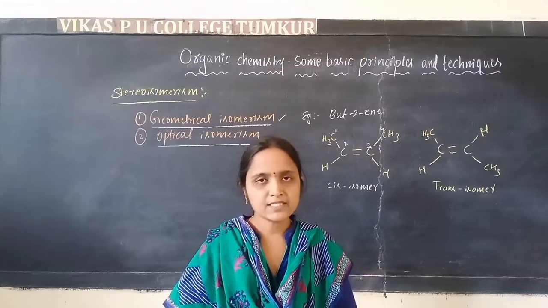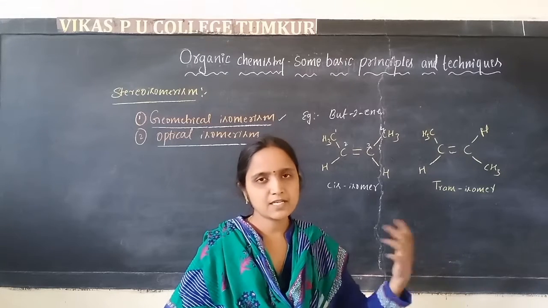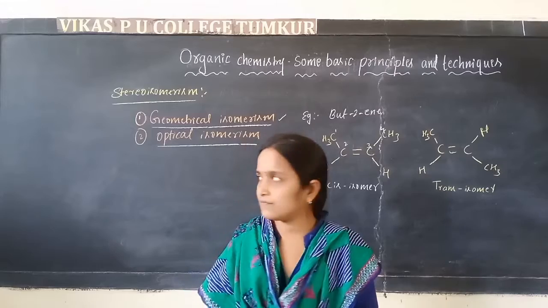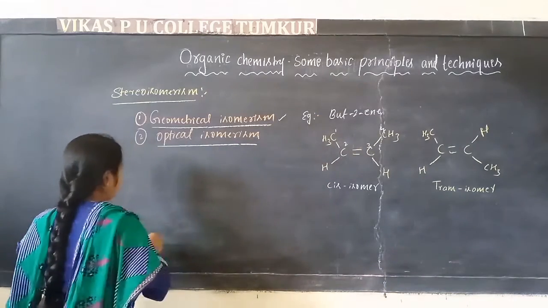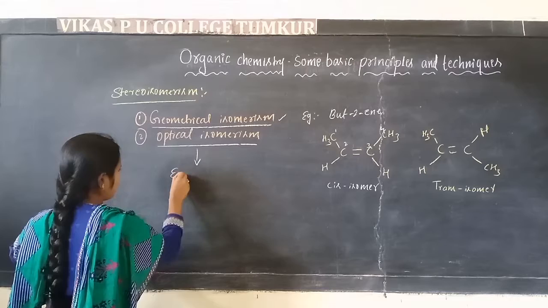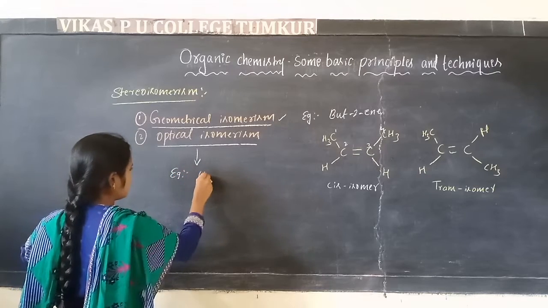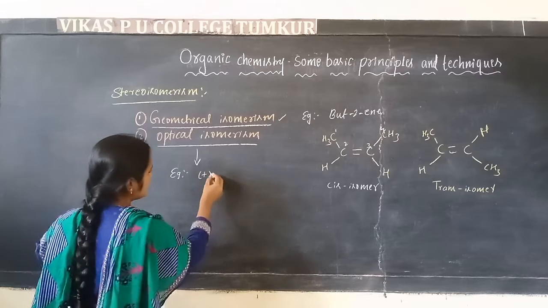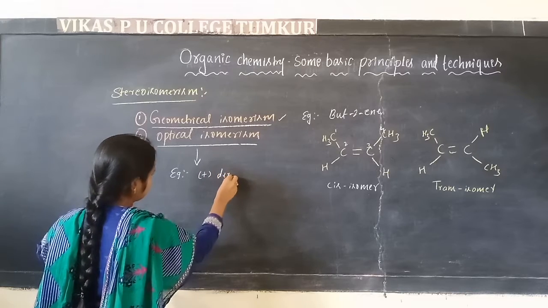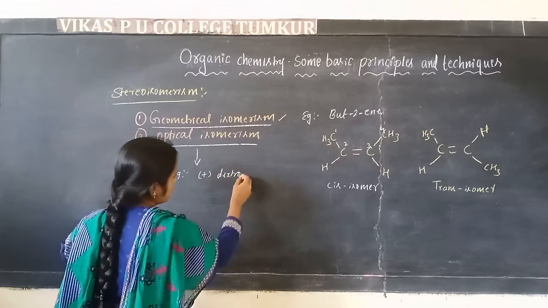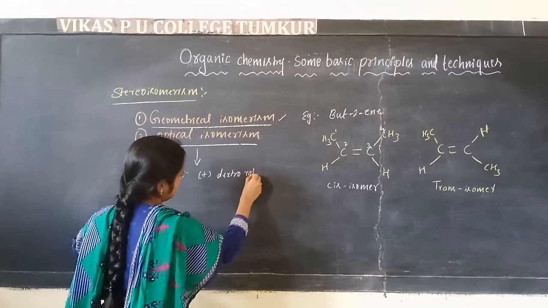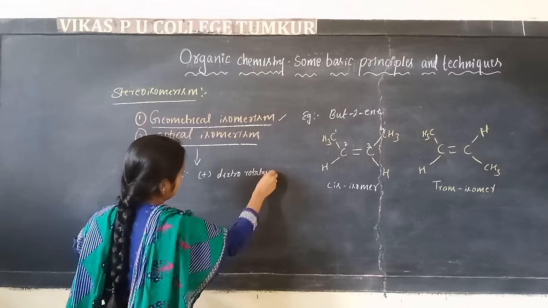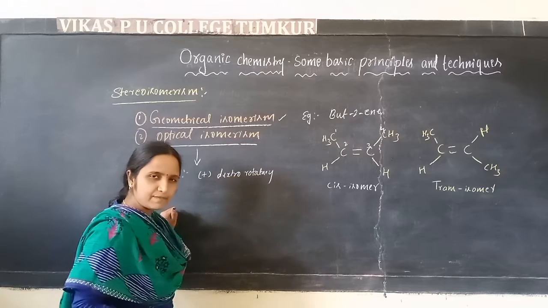Here one is dextrorotatory, another one is levorotatory. Example for optical isomerism: dextrorotatory is indicated by plus, that is, on the right side.